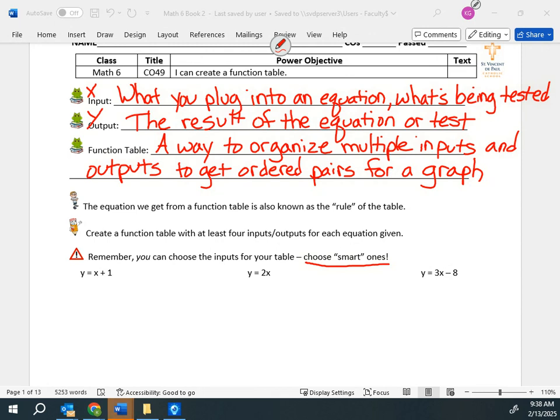Because we get to choose what we put in, we want to choose ones that will work easily with the equation. We don't want to complicate the equation. That's when we make mistakes and we get the wrong answer, the wrong output. So we want to choose easy ones to make it easy for us so we get the correct answers. So we're going to see what that looks like.